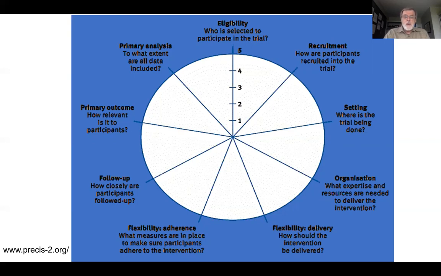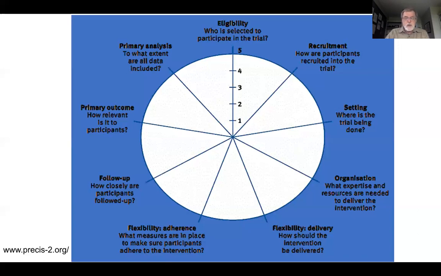If a setting was one that was highly efficacious, where you really excluded the vast majority and you only wanted settings that saw a very large number of PTSD or autistic cases, and you only wanted specialty centers and really experienced clinicians implementing a fairly complex intervention, you might give it a 1 or at least a 2. On the other hand, if you really wanted to generalize as much as possible and were including all sorts of usual care practices out there, you might give it a 4 or maybe even a 5.